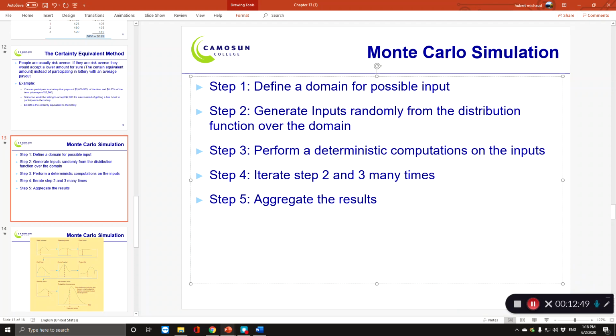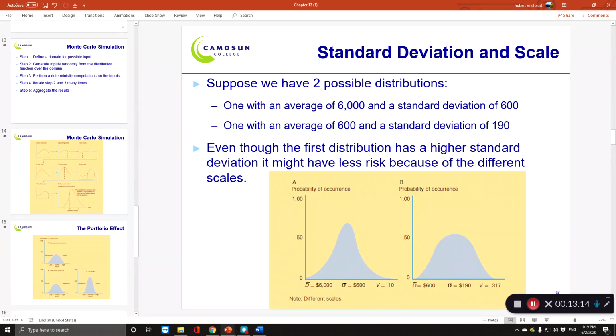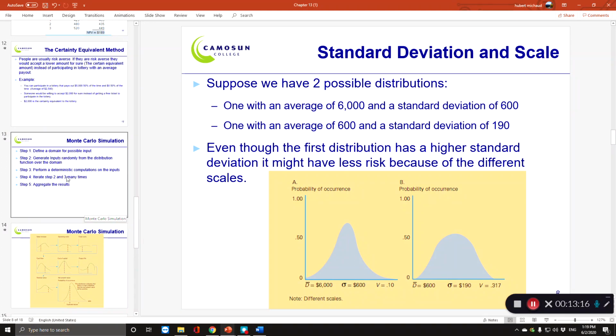Then I use that to calculate a whole bunch of NPVs, and I can get the distribution of the NPV that this project can give me. So I'll get something that will tell me, oh, 5% of the time this is going to be the NPV of the project. Oh, 50% of the time this is going to be the NPV of the project. And so on and so forth, so that I have a better idea of how risky the project is.